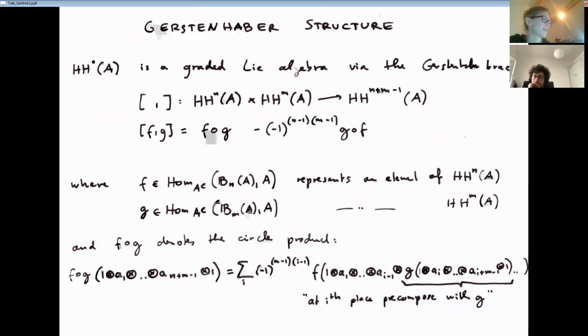Now, from all these definitions based on the bar complex, everything on Hochschild cohomology is quite hard to compute, and even harder usually is the Gerstenhaber structure. The nice feature in theory is that Hochschild cohomology is a graded Lie algebra via the Gerstenhaber bracket that goes from degree n times m to the n plus m minus first degree via the commutator with respect to the circle product.